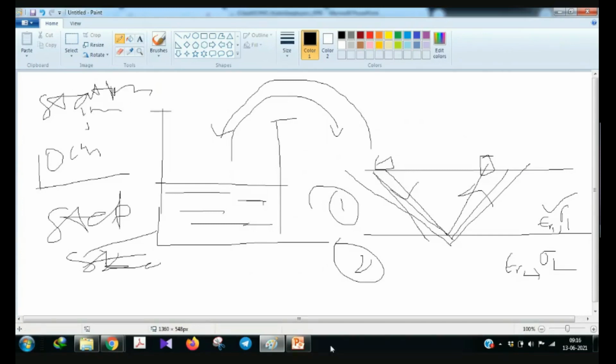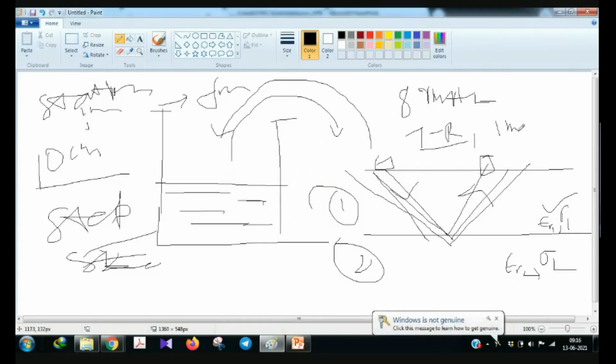So this station interval should be chosen according to the frequency also. Let's say the frequency is 80 megahertz. Then the transmitter-receiver distance you have to maintain is a minimum of 1 meter.